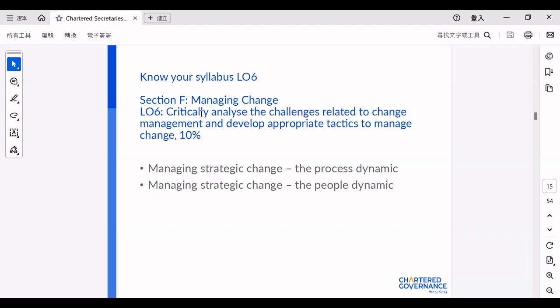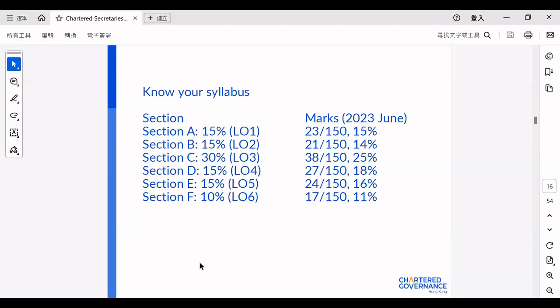Now, having gone through in quite some detail about these 6 learning outcomes, let's take a look at the marks allocations, which you may be more interested to look at. And you can see that all these sections will be asked.